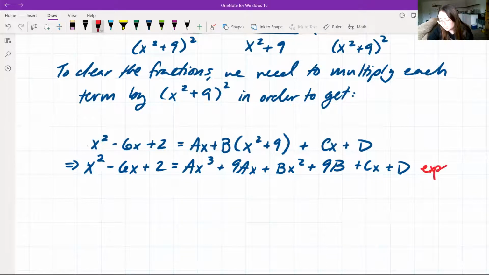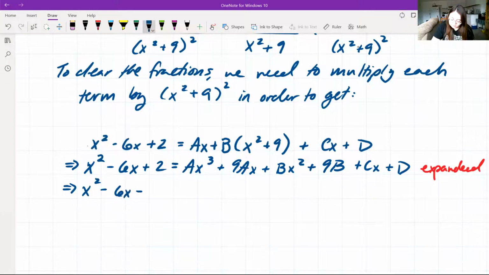So in this case, we just expanded. Now we want to collect our terms and group them together. And all of this is still just going on the right-hand side of our equation. We're not doing anything with the left-hand side.